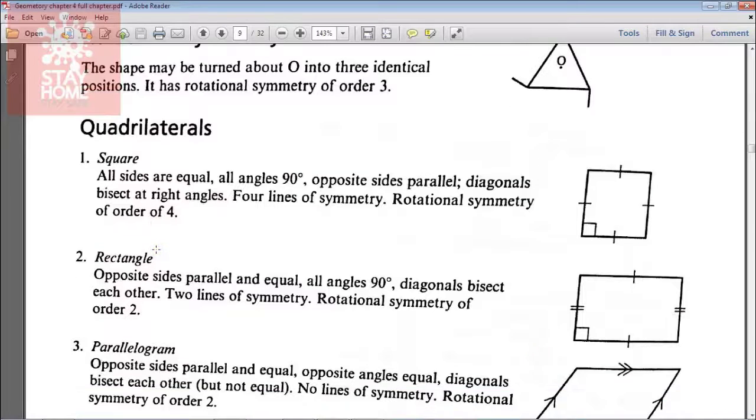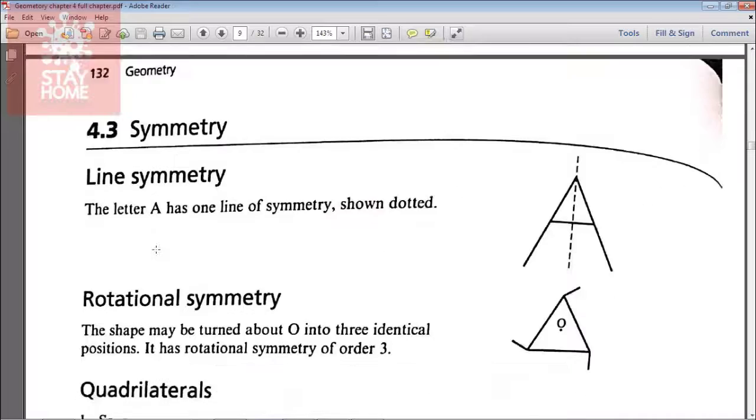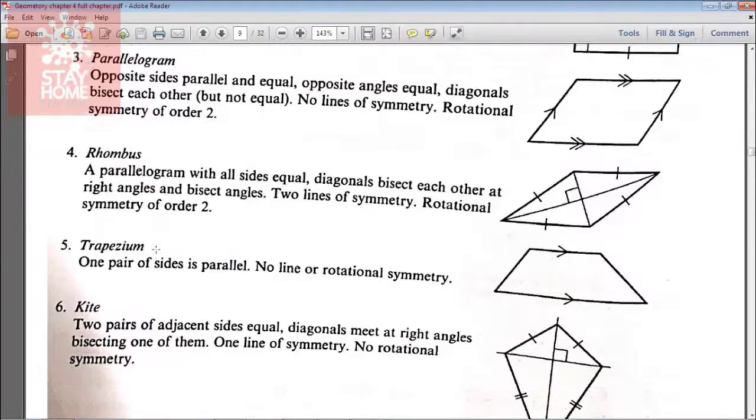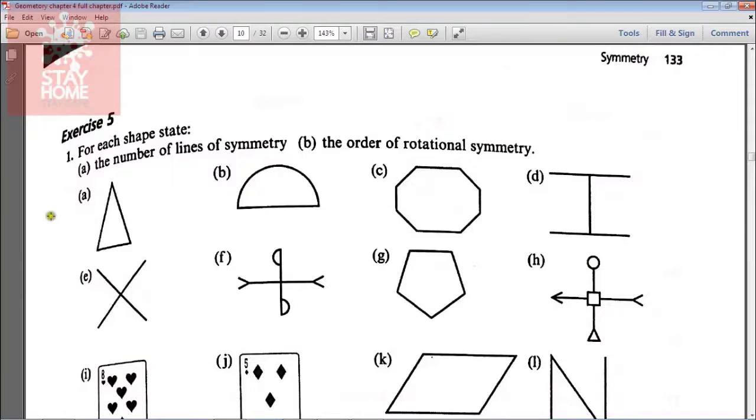I have already explained all these things to you, so you can read them in your book, page number 132. You can read all these things and solve the questions. Come to the exercise. For each shape, state the number of lines of symmetry and the order of rotational symmetry.